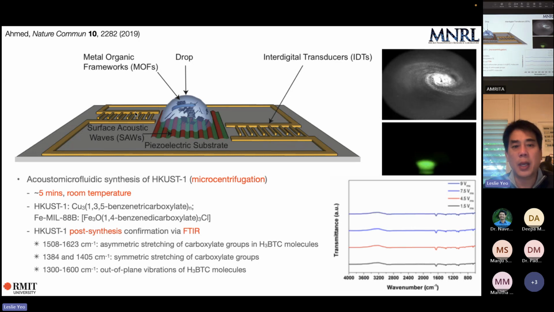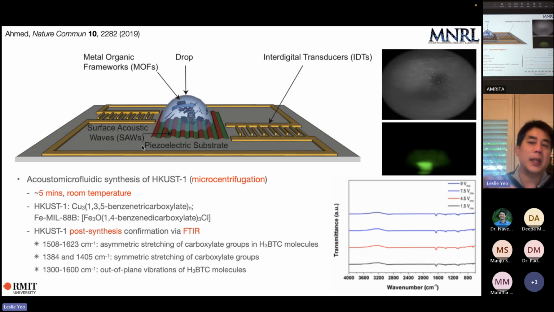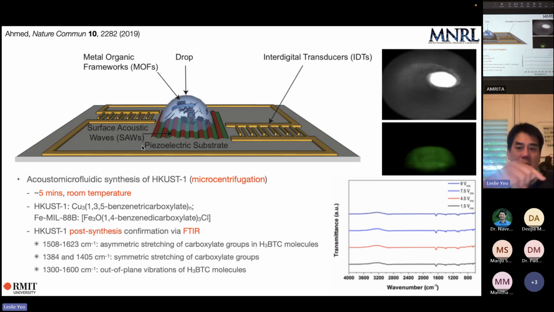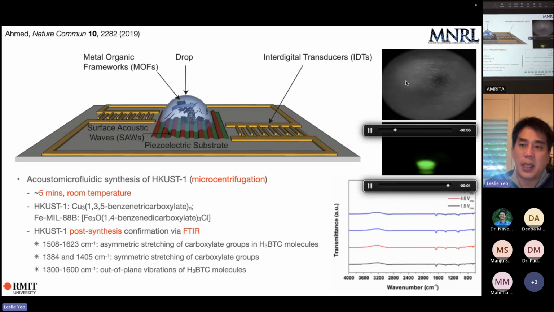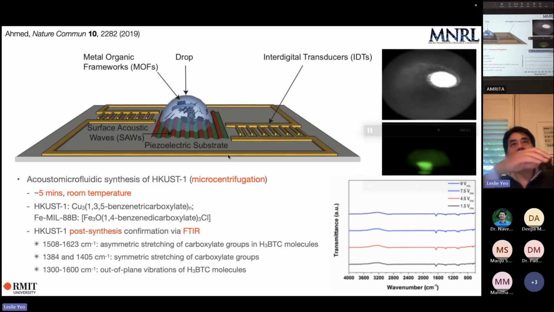And so the sound waves will come onto one side of the drop, and from this side it will go that way. Because of that broken symmetry, you can drive a rotation. And that's what you're seeing in these videos here. Think of it as a centrifuge but on the micro scale, right?